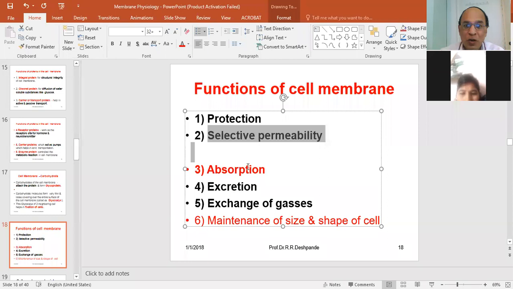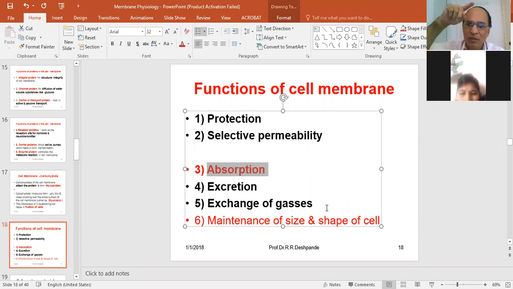Then absorption of the nutrients. For example, in the villi of the mucous membrane, you remember primary digestion: stomach, duodenum, jejunum, ileum. Proteins are converted to amino acids, and amino acids are absorbed into the capillaries existing in the villi.